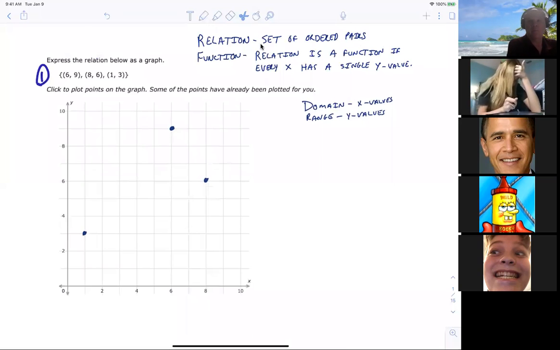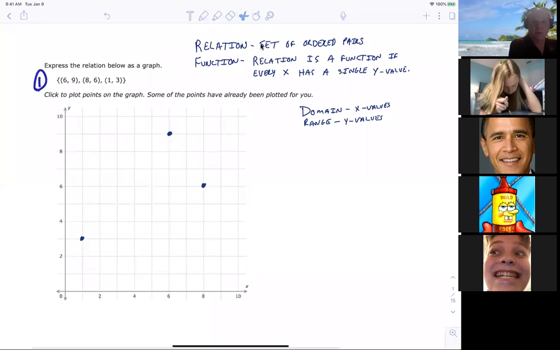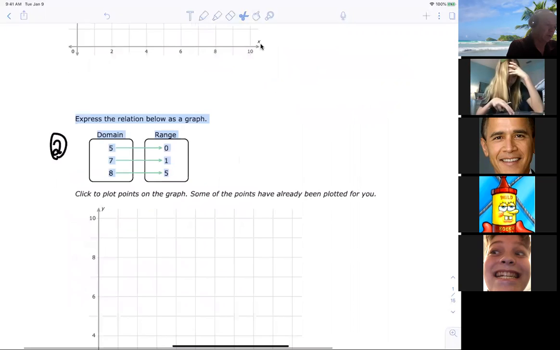Hey, wait, Mr. Stroud, it glitched out and it canceled all my definitions when I was writing them. So yeah. Now, does anybody have any questions so far on that? I know you guys know how to plot points. So let's go on now to question number 2.